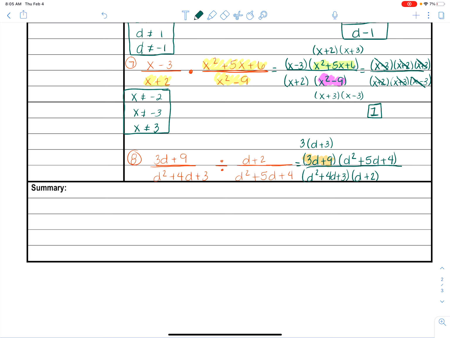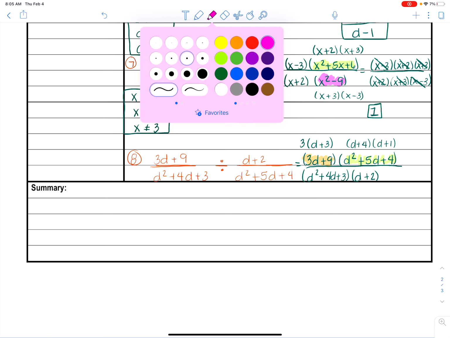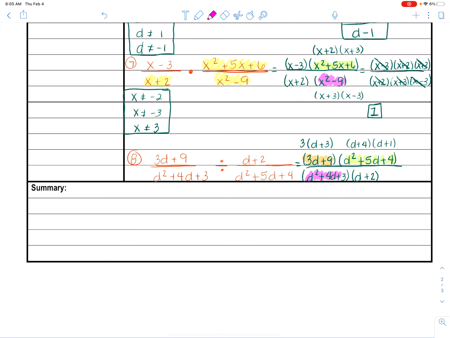D squared plus 5d plus 4, that can factor into d plus 4 and d plus 1. D squared plus 4d plus 3, that factors into d plus 1 and d plus 3, and d plus 2 does not factor. All right, so now what we have left is, oh, let's rewrite it first, sorry.